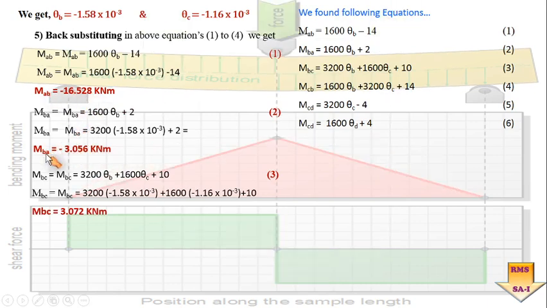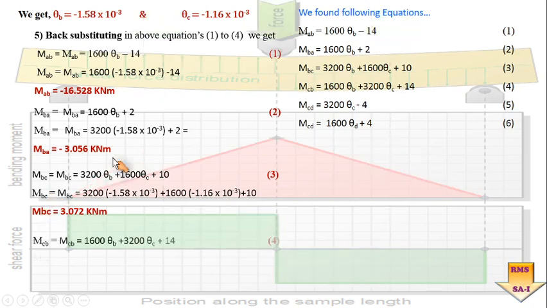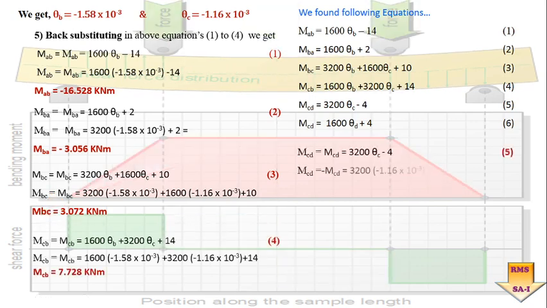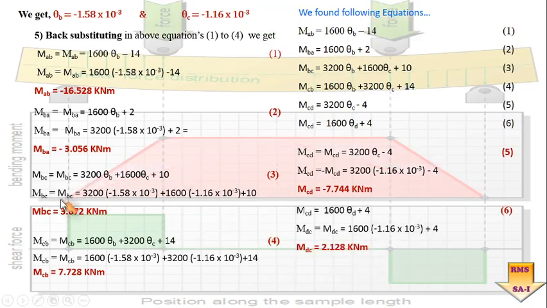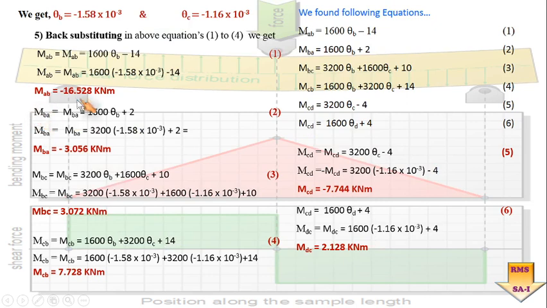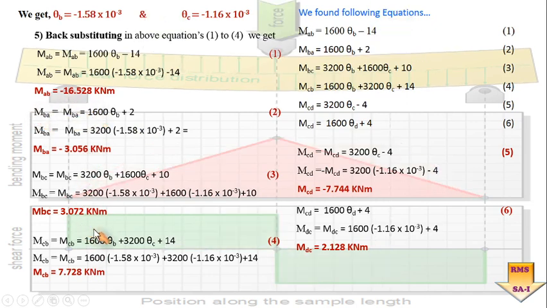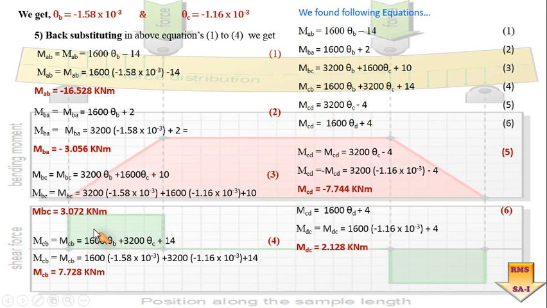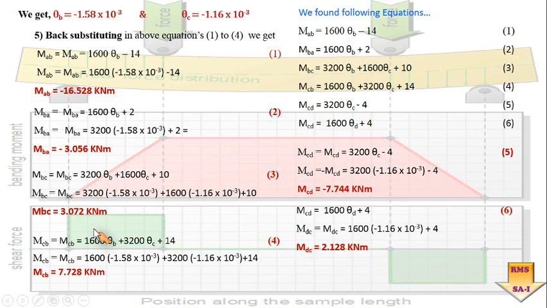From equation number 2 we got MBA. From equation number 3 MBC, then MCB, then MCD and MDC. So these are the various values, whatever is shown in the maroon color, that is the final moment occurring for that continuous beam after taking into account all the probable and the given displacement for this particular case.